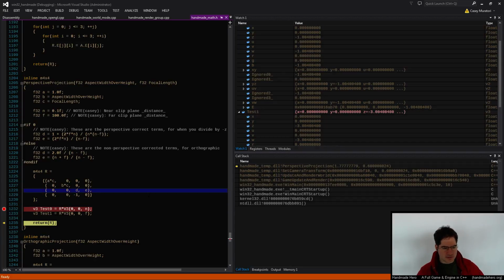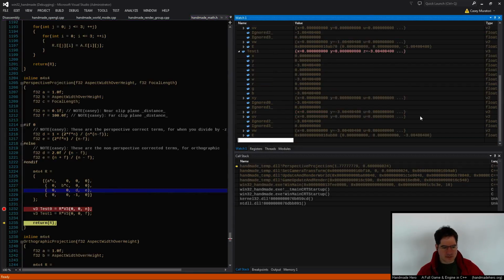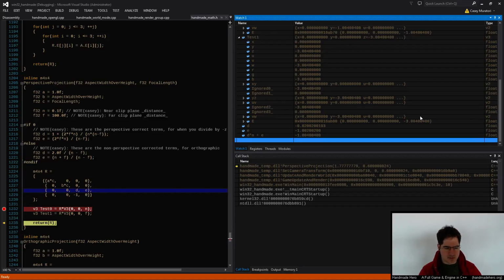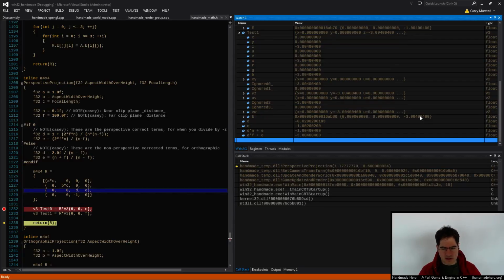When we look at this, right, let's see what these terms are. Let's just figure this out here. So here's D and here's E. That's what they equal at the moment, right? And with that D and E, we would expect it to be evaluating this equation. We would expect D times N plus E, and we would expect D times F plus E, and there you go.